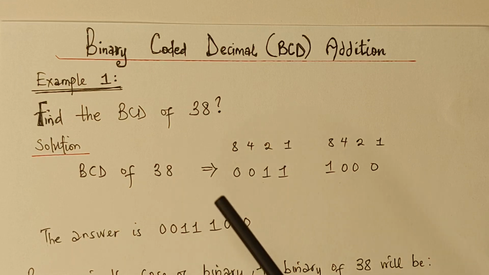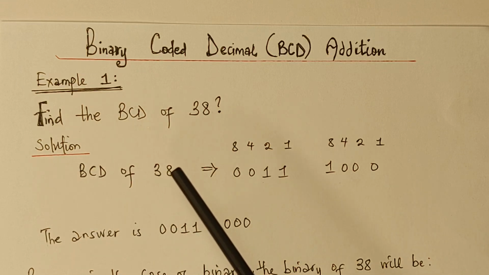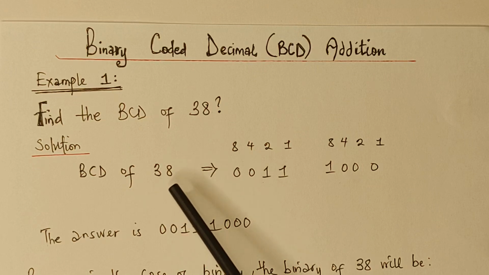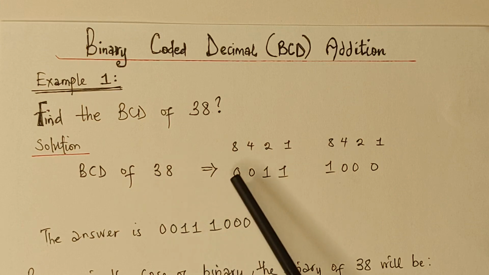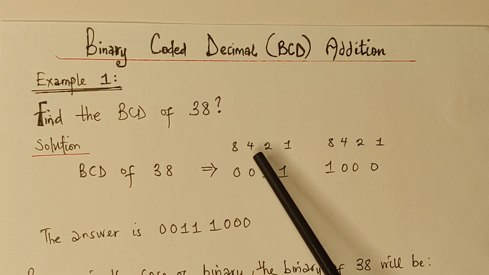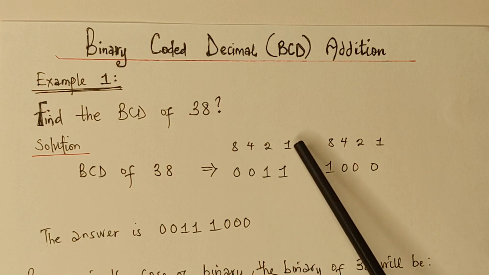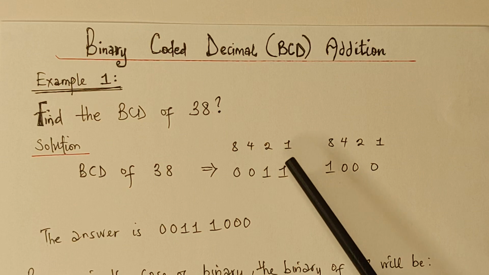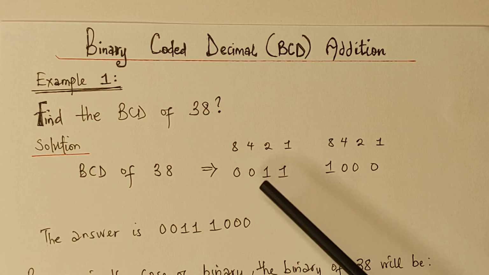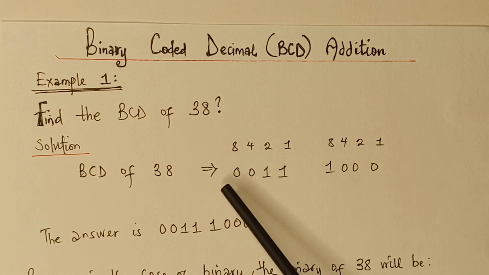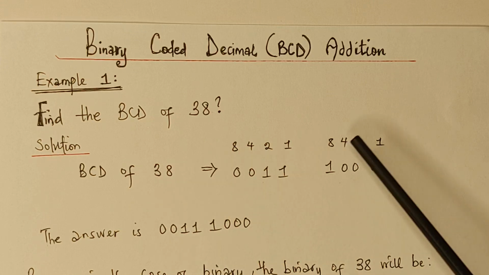Now, if we are to consider the BCD of 38, we are going to consider each of these digits. What do I mean? It means I'm going to take 3 and locate what value it's going to give us here. So in this scenario, 2 plus 1 will make up 3. So I'm going to turn that on, representing it as 1. So this is why we have 1, 1, whereas for 4 and 8 will be zeros. Now for 8, what will make up 8?